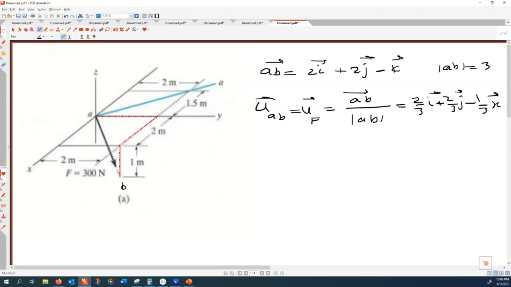And what is the next step? The next step is I need to do the same thing for AA. I need to find the direction of AA. So how do I do that? To go from A to A, you first go 2 meters along the positive y, and then you go minus 1.5 meter along the x-axis. So AA, that is minus 1.5i plus 2j.